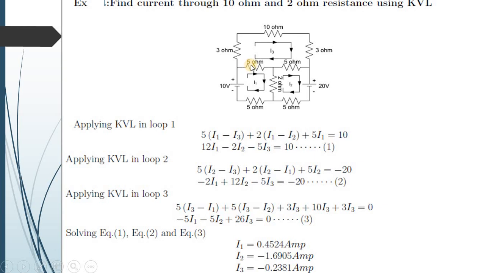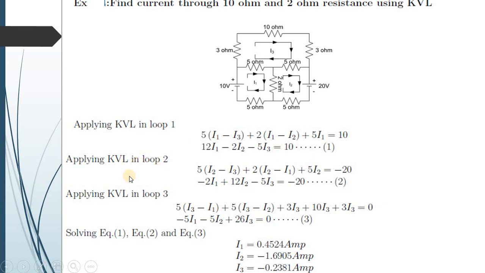So 5(I1 minus I3) plus, again 2 currents flowing here, I1 and I2, so 2(I1 minus I2) plus 5I1 is equal to 10 volt. By rearranging, we will get 12I1 minus 2I2 minus 5I3 is equal to 10.